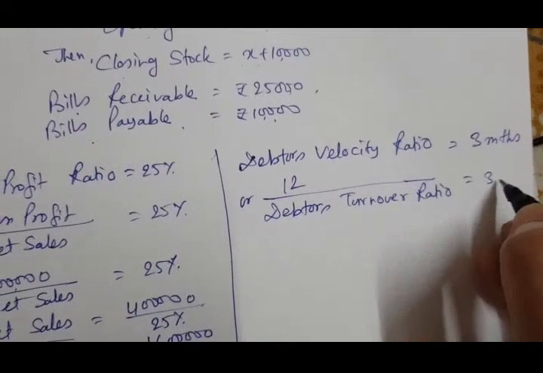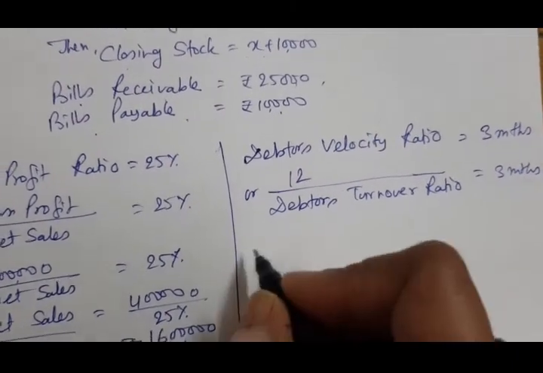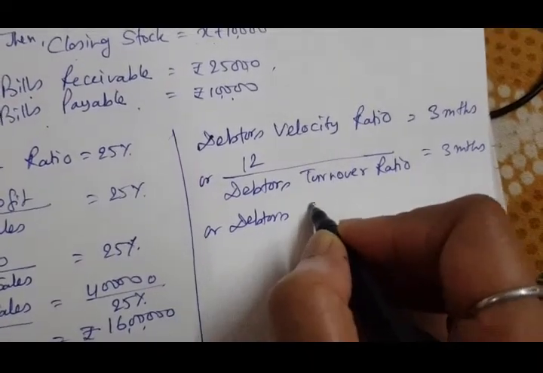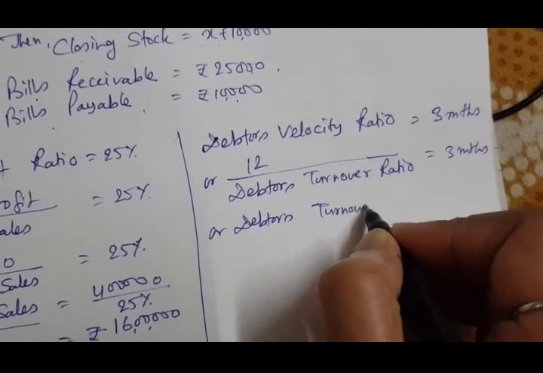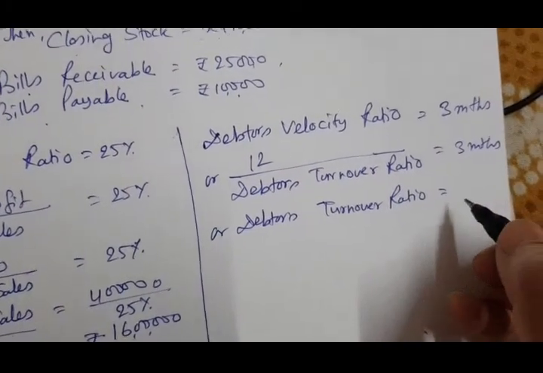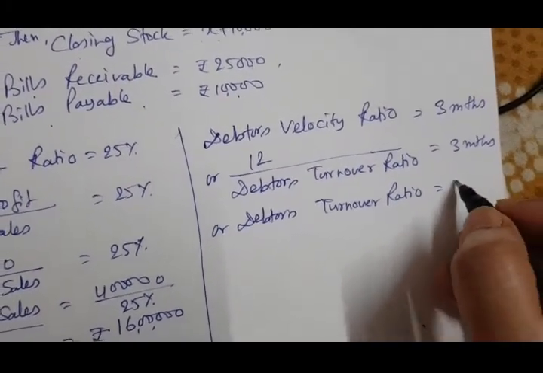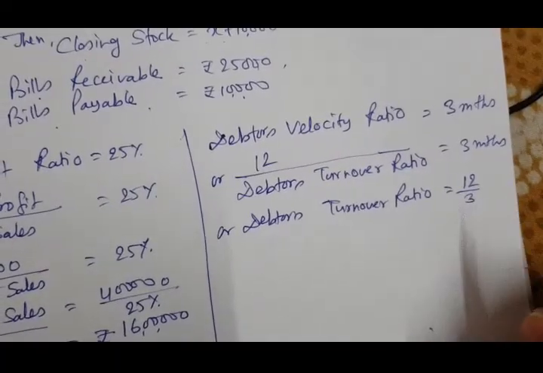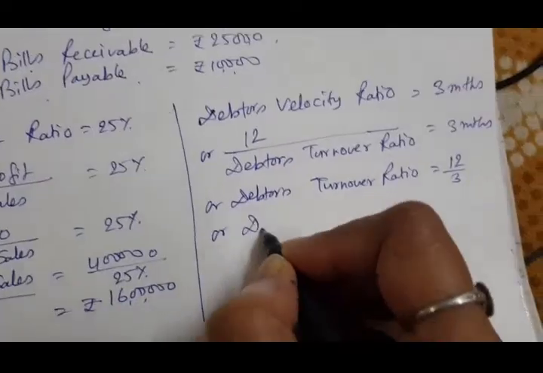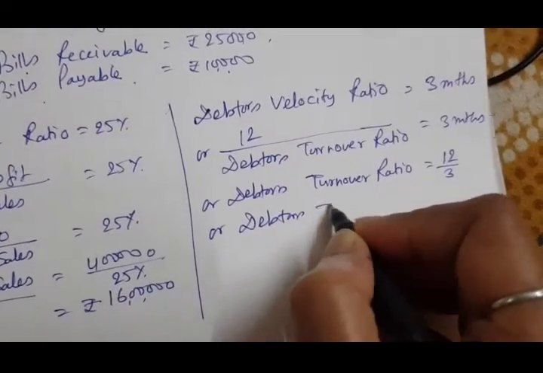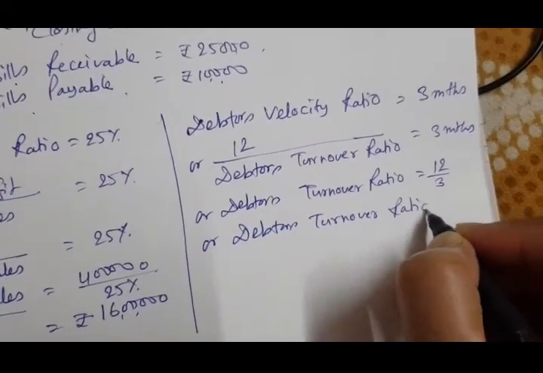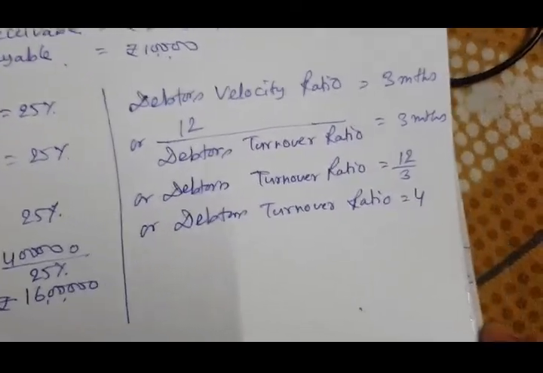So it's 3 months, or debtors turnover ratio will be how much? 12 by 3, that is 4 times. So debtors turnover ratio will be 4 times.